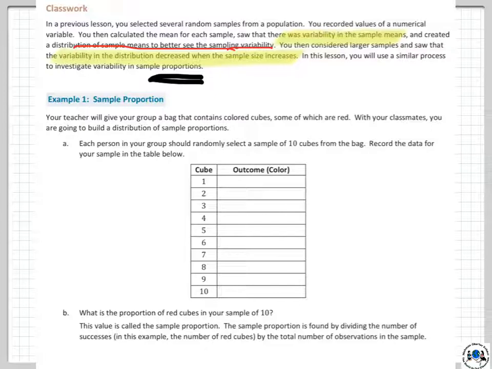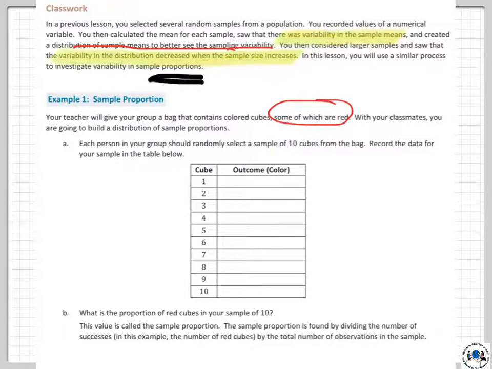Let's look at example 1, sample proportion. We're not doing this in class, but if we were, I'd put you in groups and give you all a bag that contains colored cubes or something of that nature, some of which are red. Red is what we are focused on in this sample, pretty much this whole lesson.